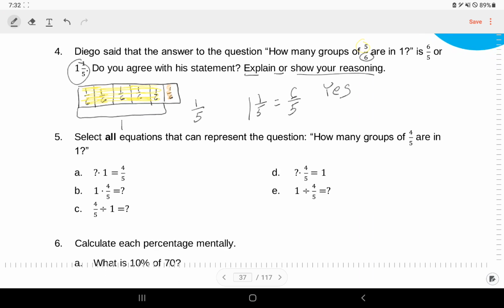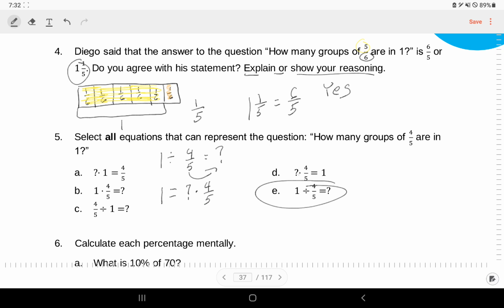Okay, and question 5. Select all that can be represented by how many groups of 4/5 are in 1. Well, that's 1 divided by 4/5, because we're asking how many 4/5 go into 1. There's choice E. And then, as a multiplication question, 1 is equal to question mark times 4/5.